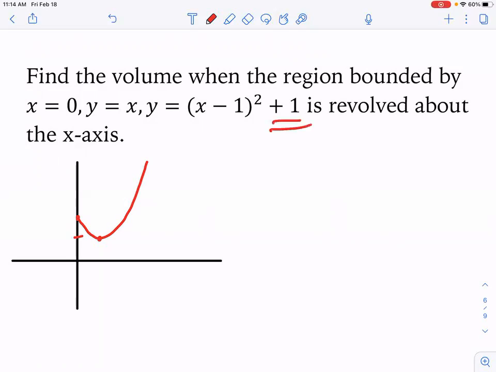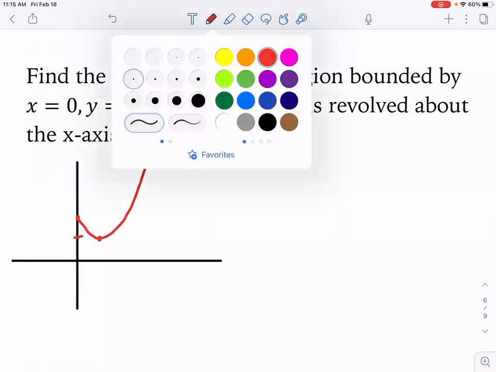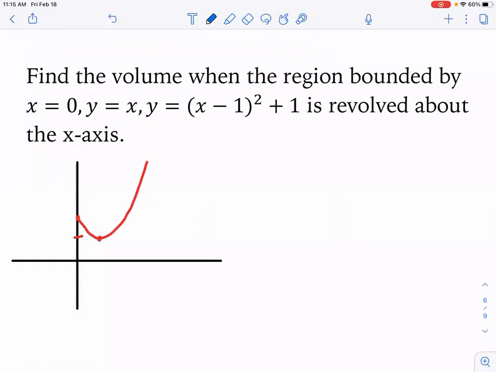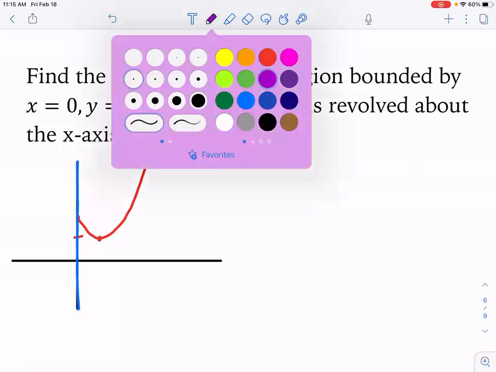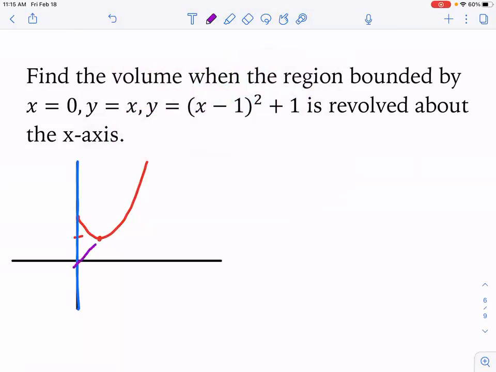Yeah, and then up 1. Oh, okay. So it'd be that little guy right there, right?